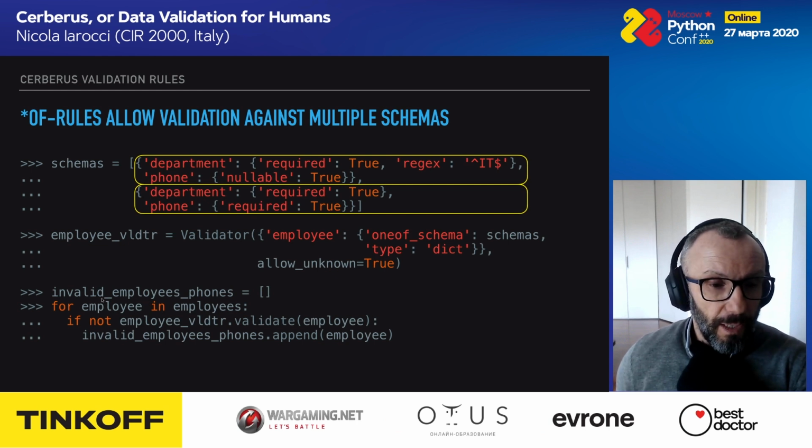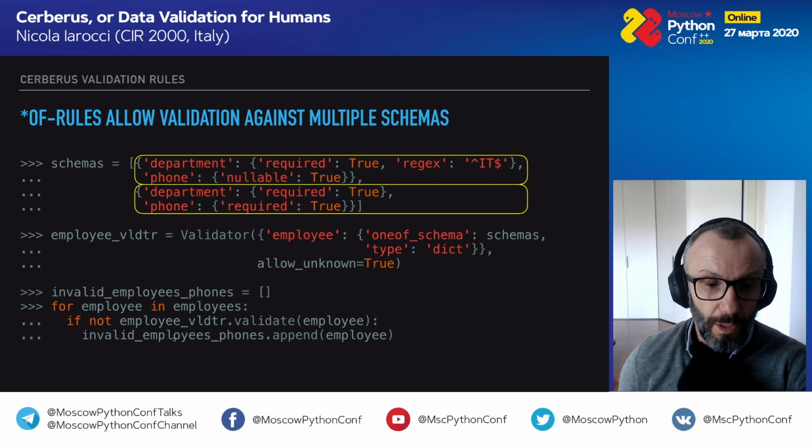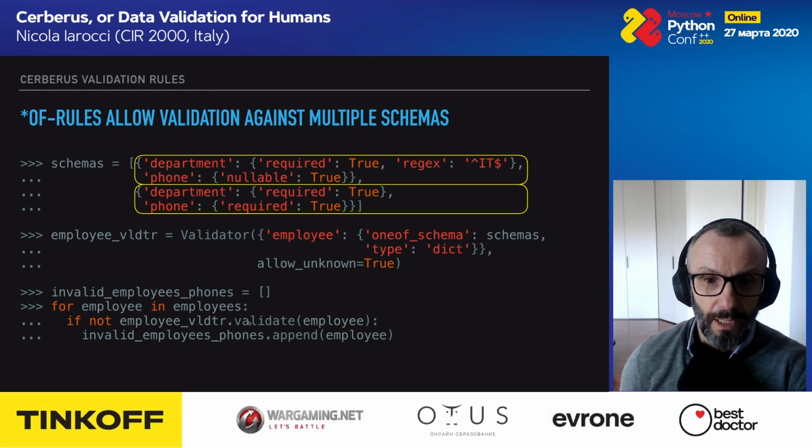So here we have another kind of a filter, where we want to find all the invalid employees, or I should say, all the invalid phones for the employees. So we loop, we pass a list of employees, and for every employee, we get back the invalid documents.